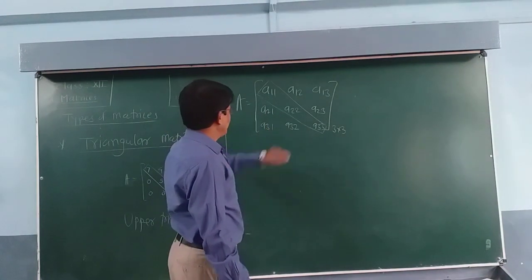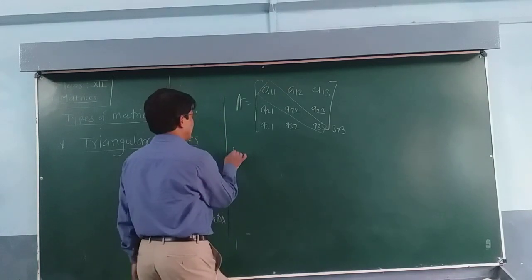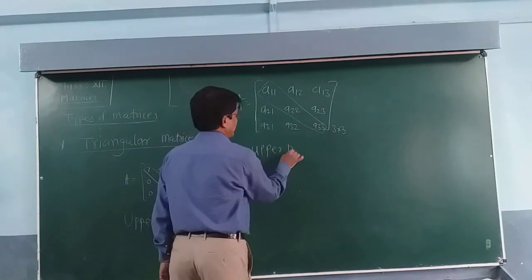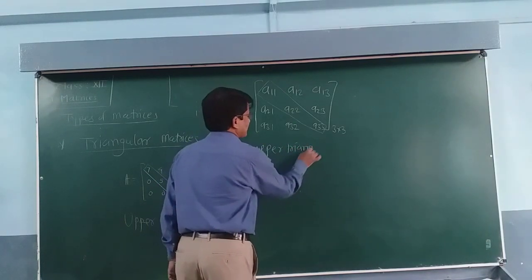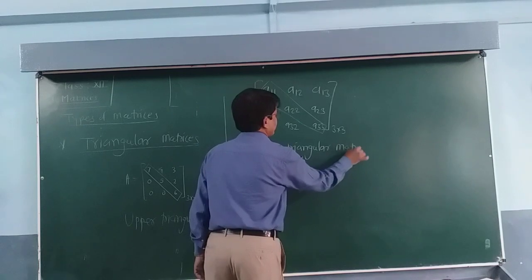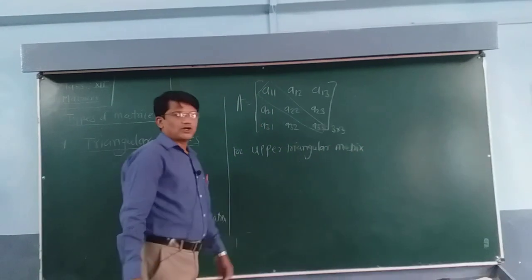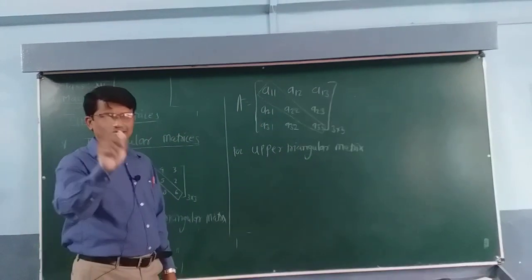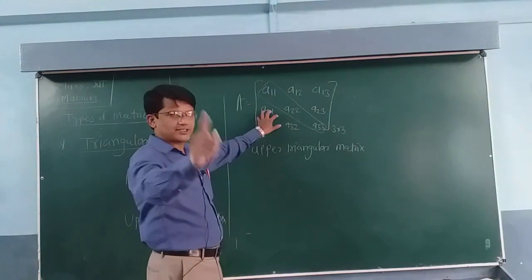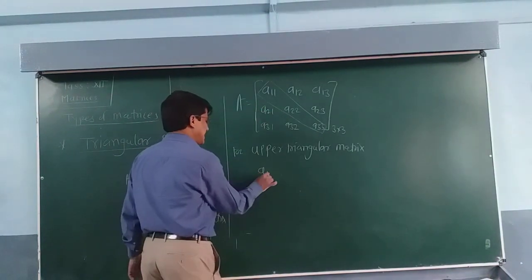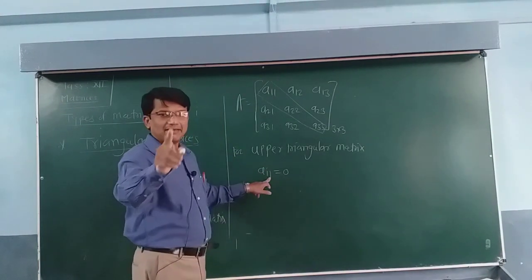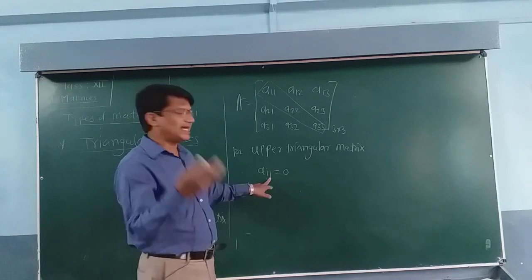For an upper triangular matrix, what should be the condition? The condition is that the elements at these three positions must be 0. That is aij equal to 0, but at which place?